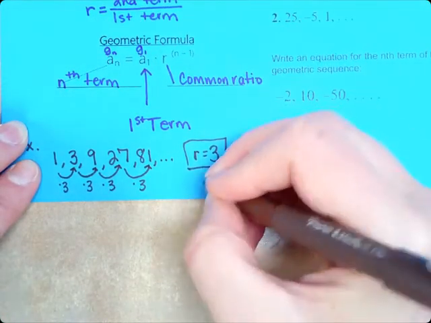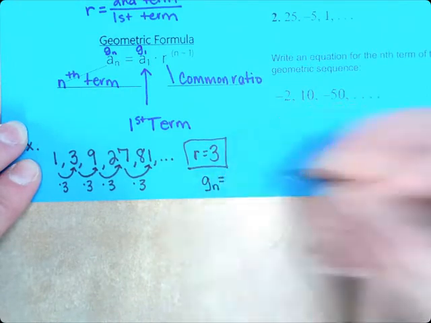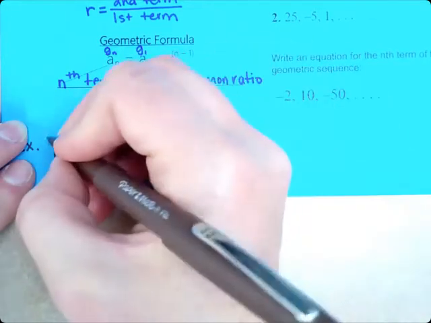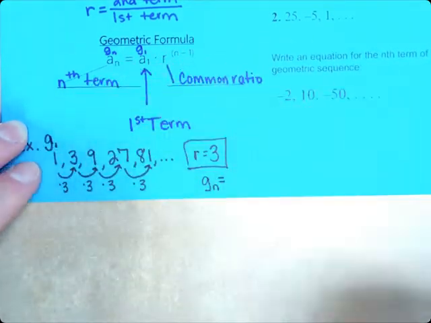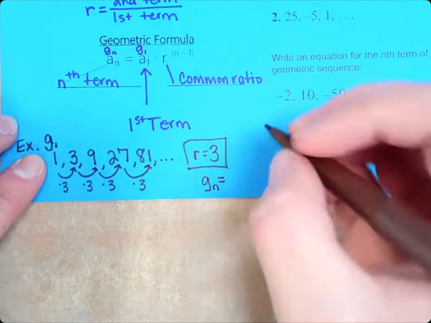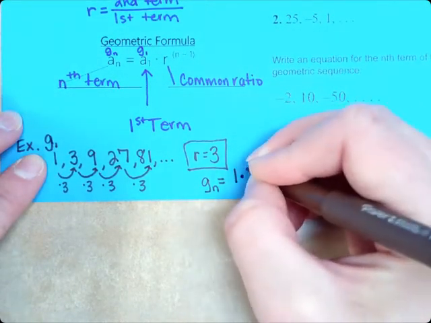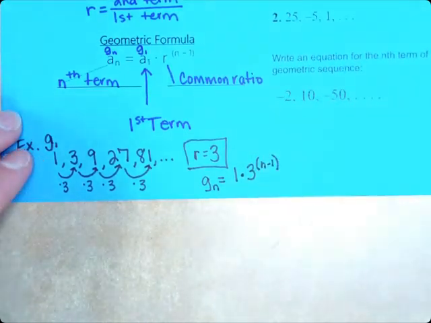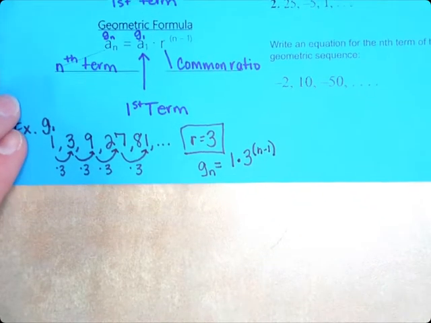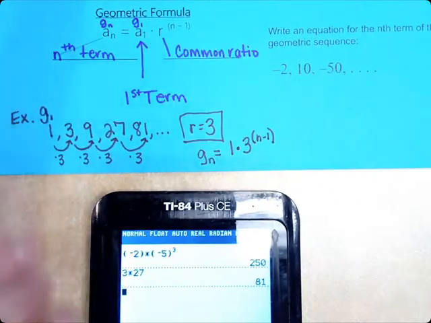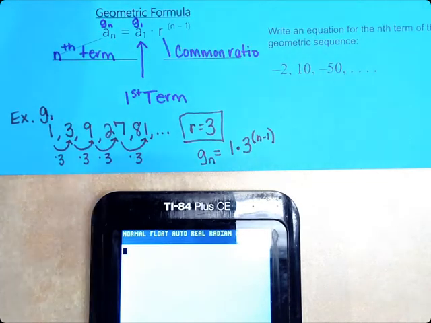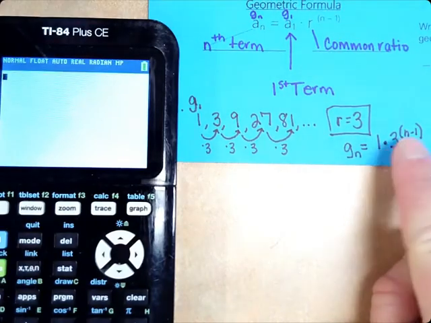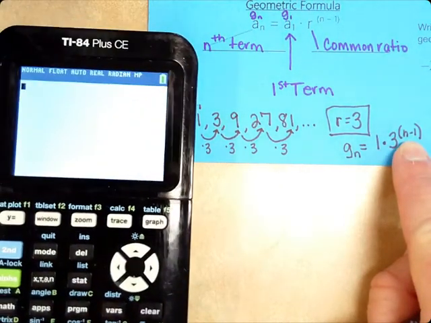So we would say g sub n equals our first term, this is a_1 or g_1, so that'd be 1 times 3 raised to the n minus 1. Just like with the arithmetic sequence, we're able to plug this into y equals and use x as our variable and look at the table of values.